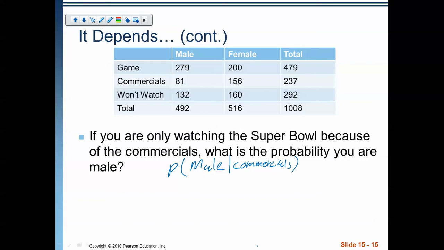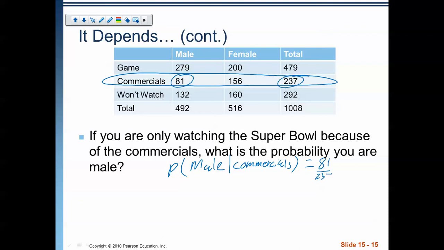So P of male given commercials. Well, if I'm only looking at people for commercials, I'm only looking at that row. And what's the probability of being male in that row? It is 81 over 237. And again, we could do the formula for this, right? We could find P of male and commercials over P of commercials, and we could do that, right? But we don't need to because it's kind of intuitive on this one.